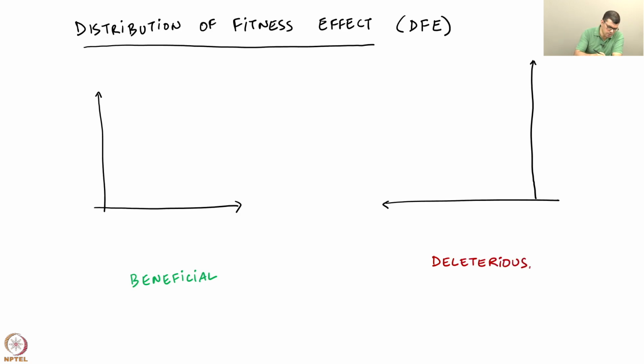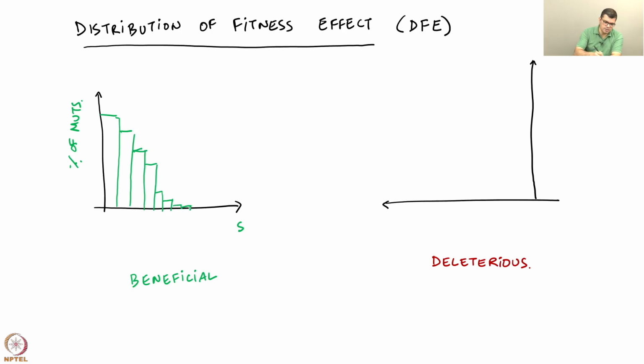For beneficial, what we know from experiments is that this distribution looks like the following, and obviously this is S and this is percentage of mutations. There are lots of mutations which confer small benefit, but as we are moving towards higher values of S, the mutations decrease rapidly.